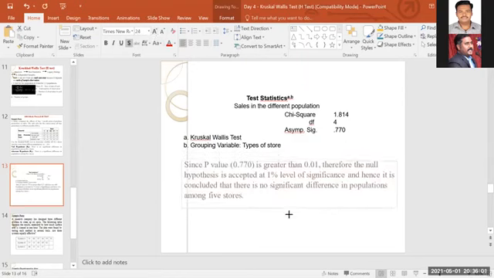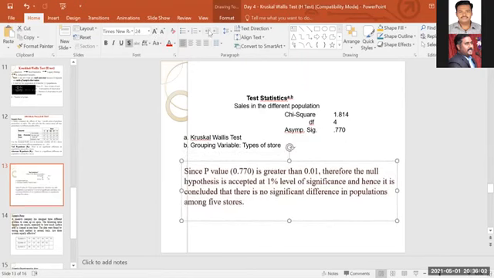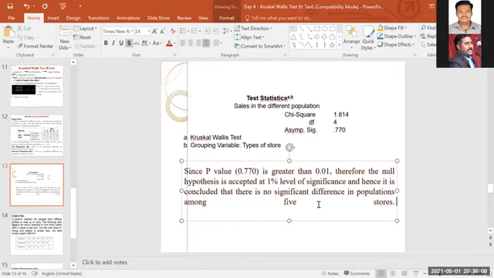Now is it clear? You can write the interpretation like this. And after this interpretation, if you want to, you can give some justification also. That is what we can do.